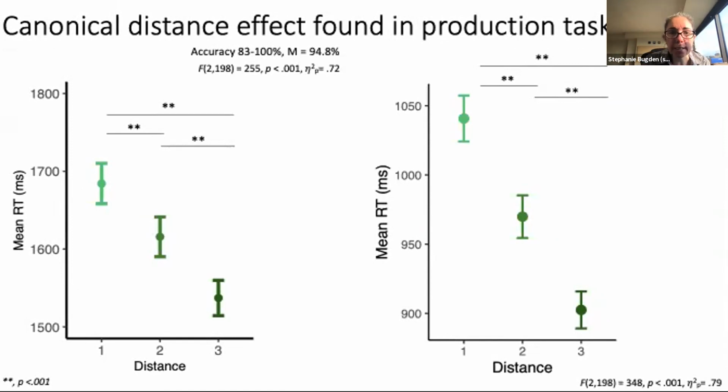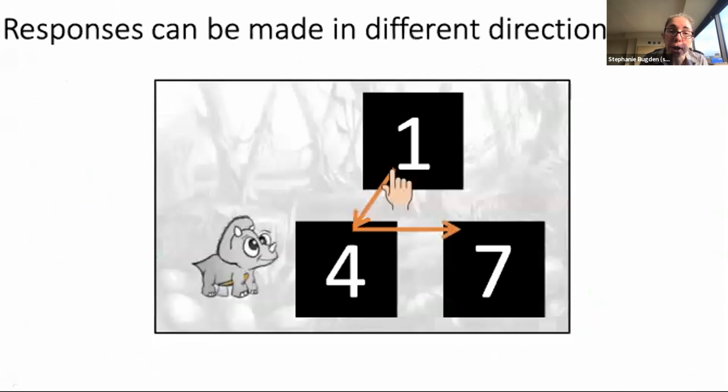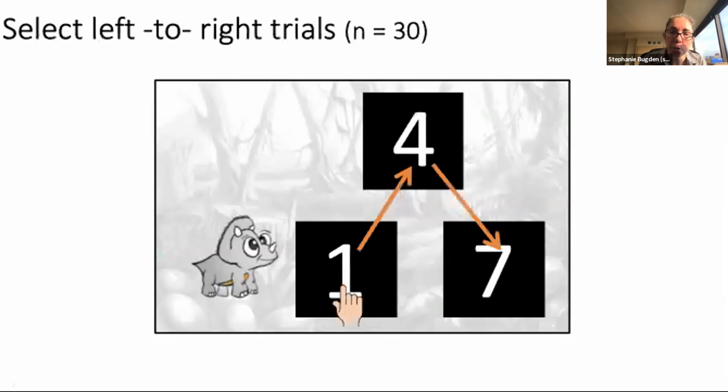So one question that I did have was, in the order production task, responses can go in various different directions, right? You can start with the top, press the 4 to the left and the 7 to the right. This could be counterintuitive to the way in which ordinal sequences are represented. So I specifically selected numbers that were presented in order from left to right, so these are all touches from the left position to the right position.